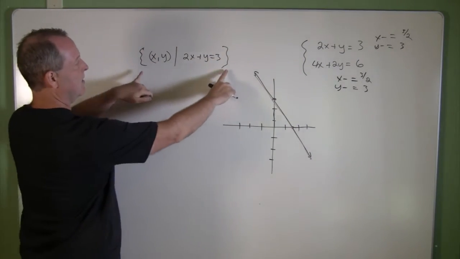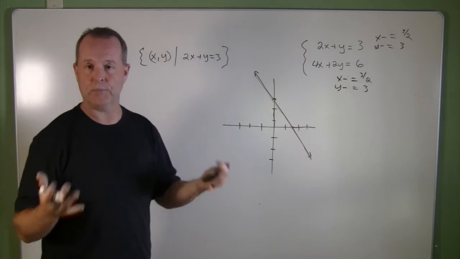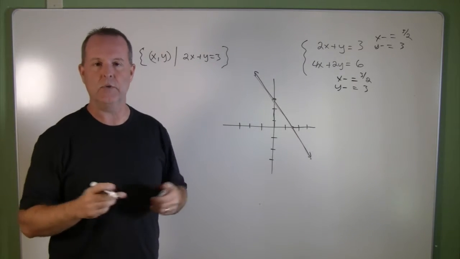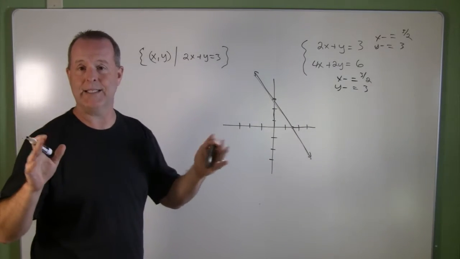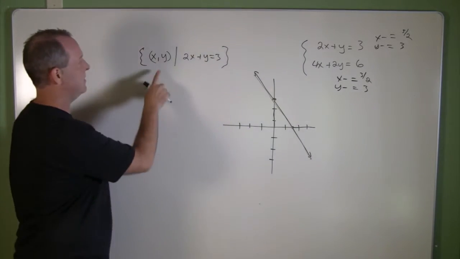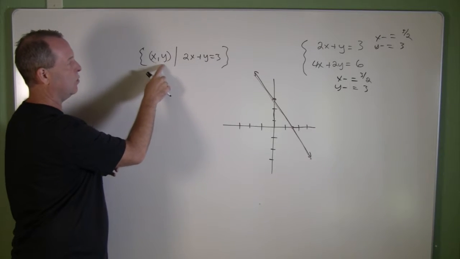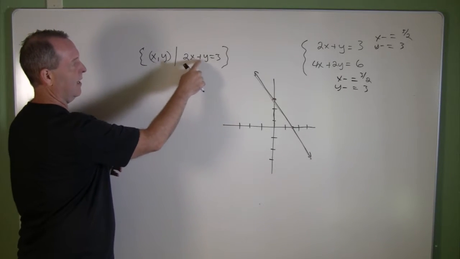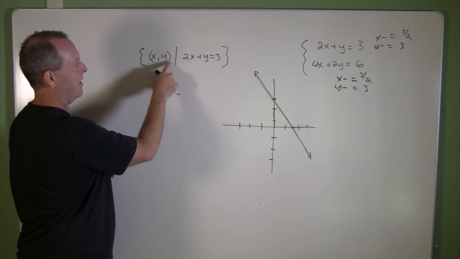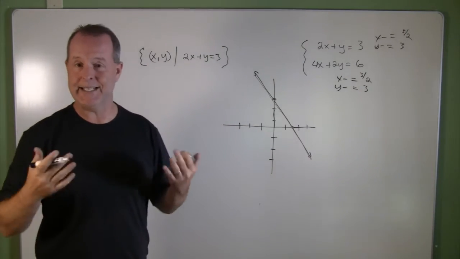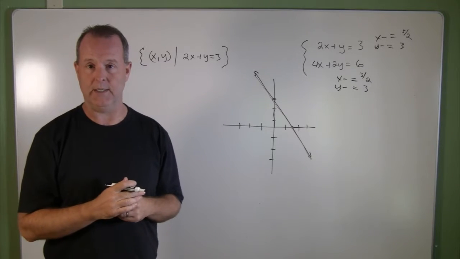This notation tells me, one, I have a solution set. Those brackets on the end represent solution set notation. Within those brackets tells me what the solutions are. And this is read such that the coordinate (x, y) such that 2x + y = 3. Basically tell me any x and y that satisfies this equation is a solution to this particular system.